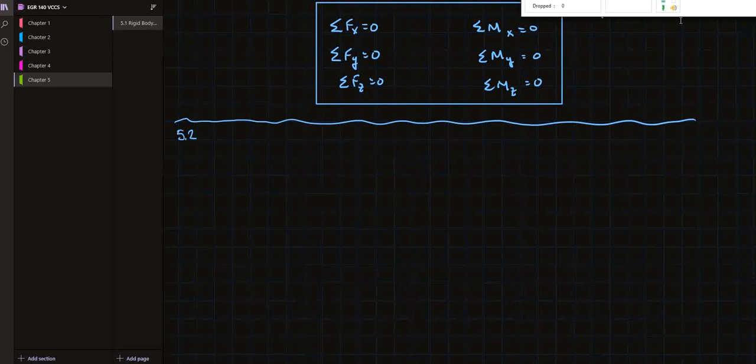Okay, let's talk about some supports. So let's have a support. Set up a table here: the reaction we get from it, and the number of unknowns associated with it.